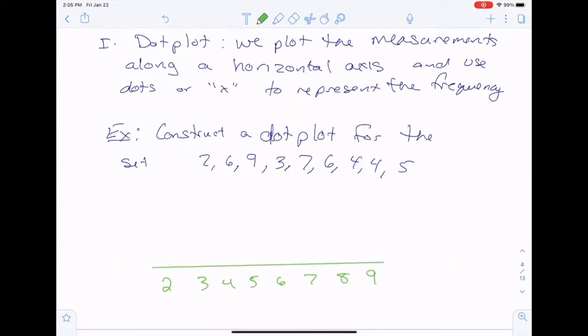We'll put little physical X's every time I see one of those. So I see a 2, so I'll put a 2 there. Next, I see a 6, I'll put an X next to a 6, 9, 3, and 9, 3, 7. And when we get repeated values, we just go vertical, right? So 4, 4, 5, so 4, 4, 5. This would be our dot plot for this case.